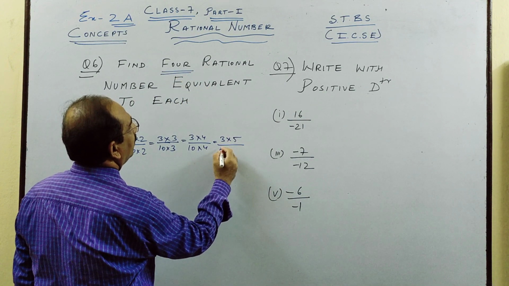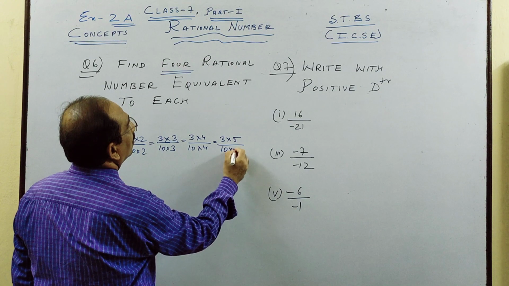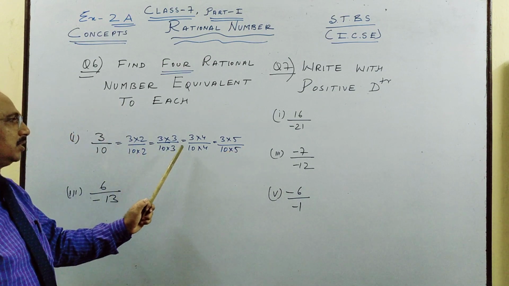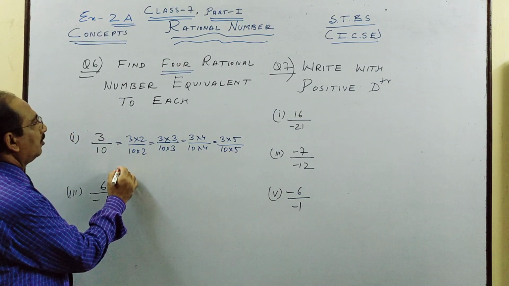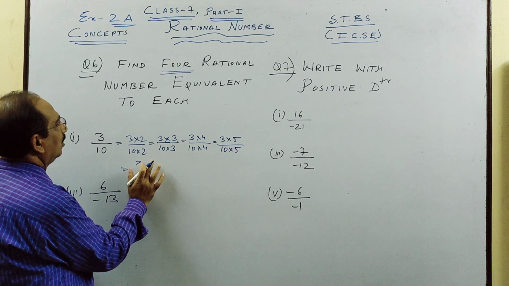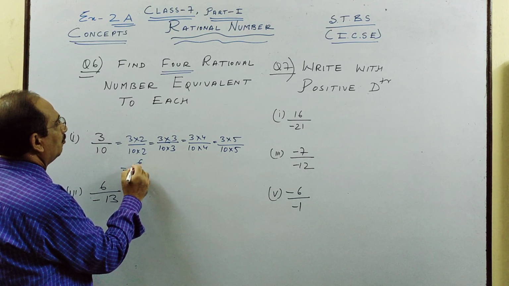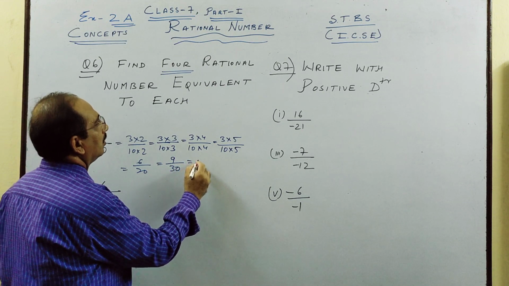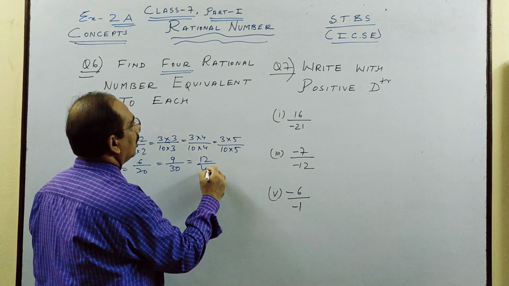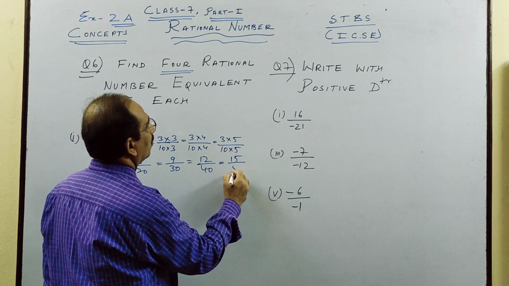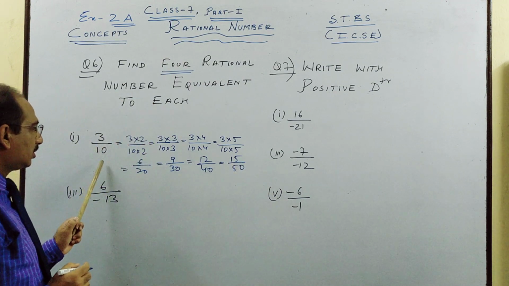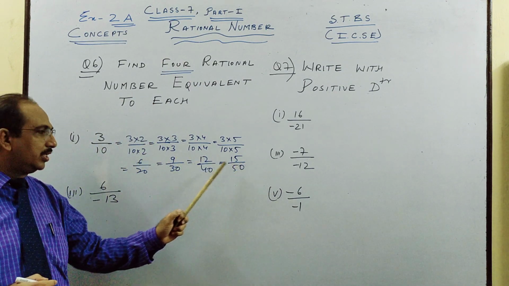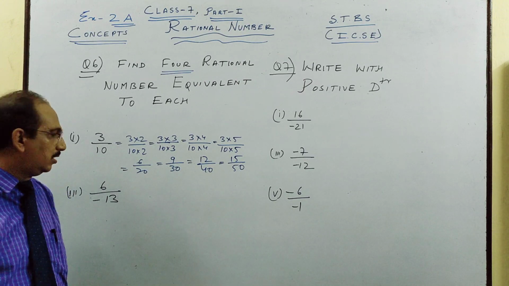So I need 4 into 2, into 3, into 4, into 5. So what we will get? This will become 6 by 20, 9 by 30, 12 by 40, and 15 by 50. So you see, up it is table of 3 and down it is table of 10.